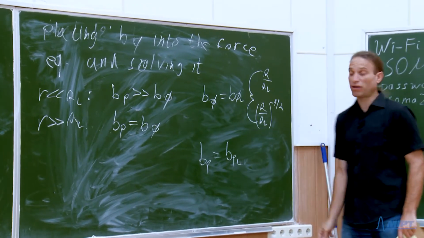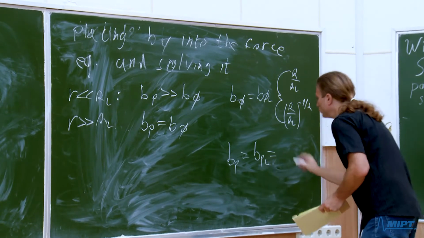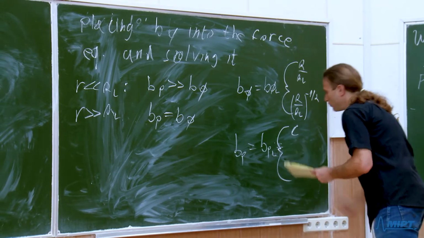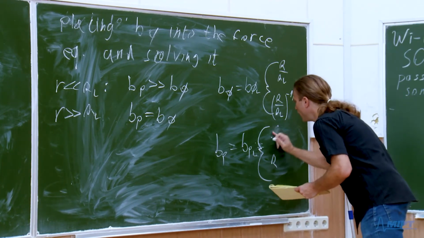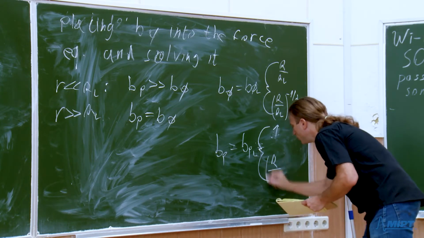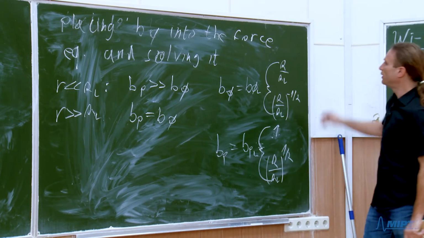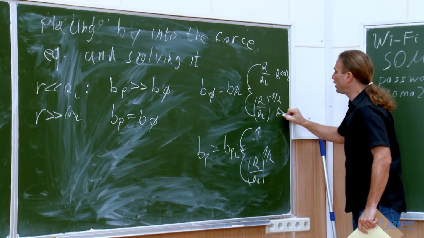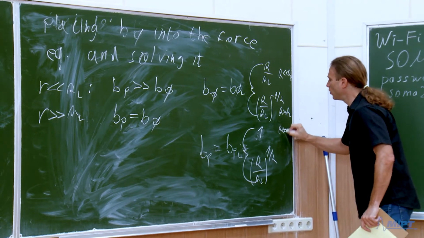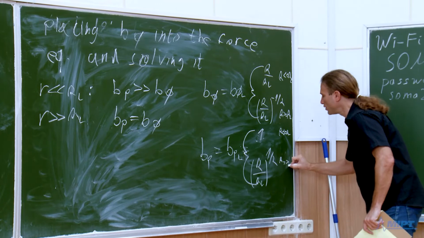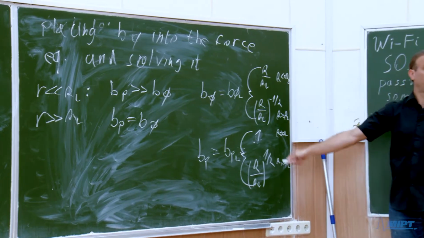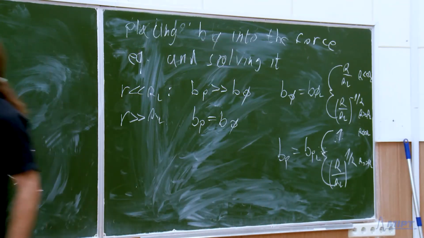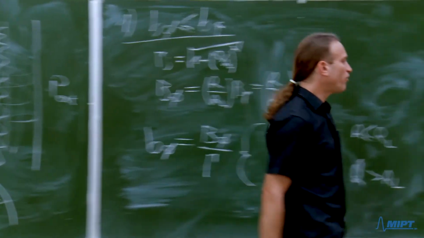These two quantities are actually roughly equal, and this times this is some constant, some c, and actually it's 1. This is r divided by RL to the power of 1/2. Okay? This limit is r smaller than RL, r larger than RL. So this is the profile. And again, I got the profile by getting this and placing it into that and solving. So the profile looks something like that.